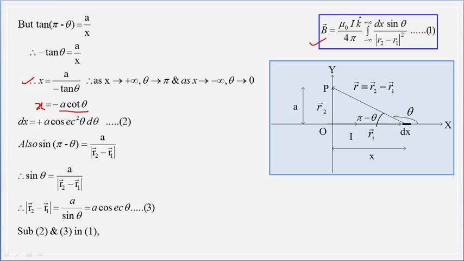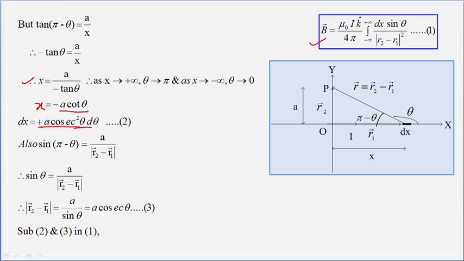Then differentiate this with respect to theta, dx by d theta. A is constant. The derivative of tan theta is sec square theta, and the derivative of cot theta is minus cosec square theta.